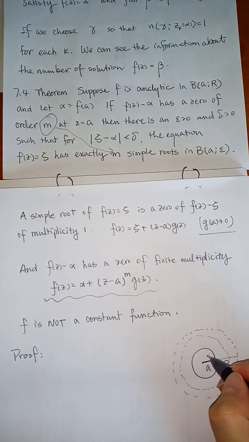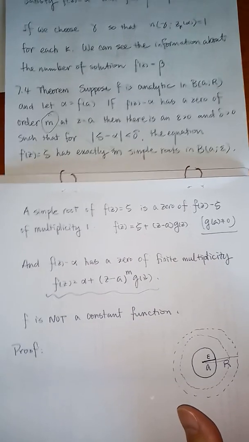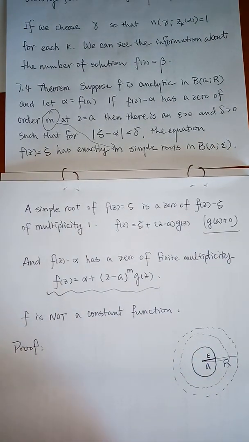This one we are going to eventually call epsilon. Then we require that twice epsilon is smaller than r. That's the reason behind the following definition.